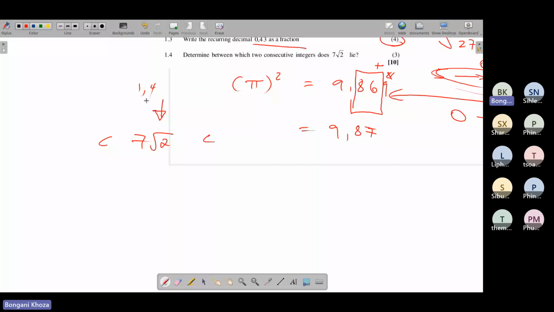If you punch in just square root 2 on your calculator, just square root 2 on its own, not with the 7. It's 1.4142.